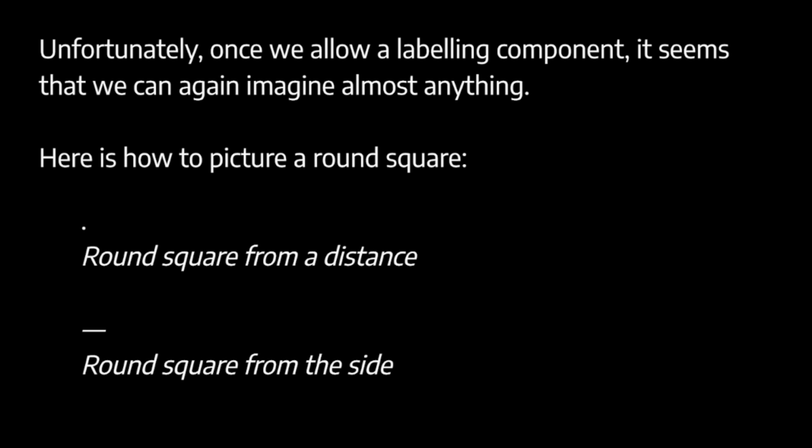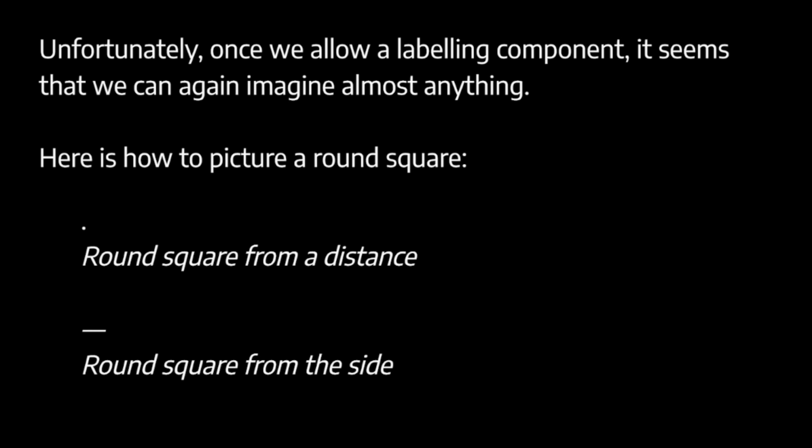If anybody knows where this comes from, let me know, because I can't remember exactly where. Sorensen suggests that actually we can picture a round square. It's very simple. Here are two ways to do it. First of all, there's the little dot. That's a round square as seen from a distance. The line there is the round square seen from the side.